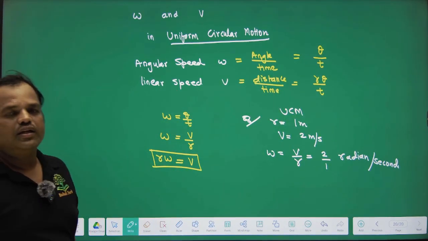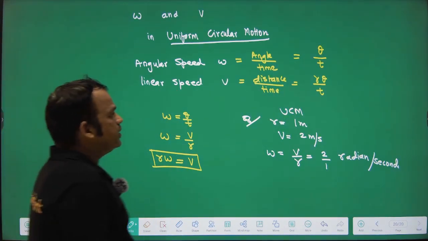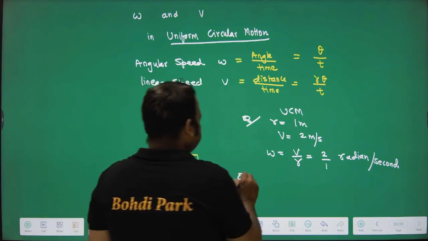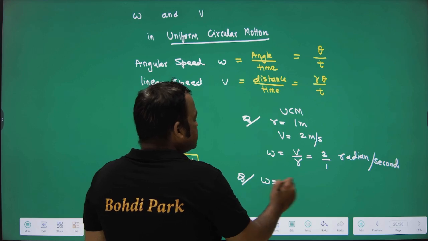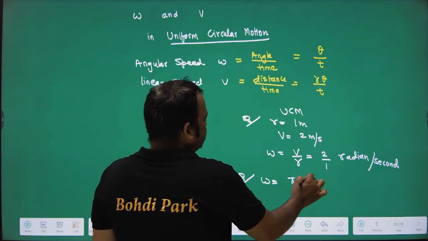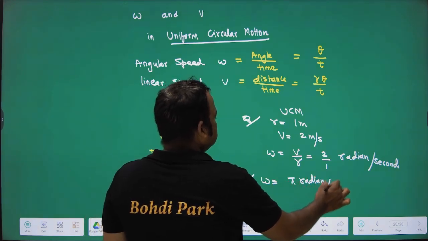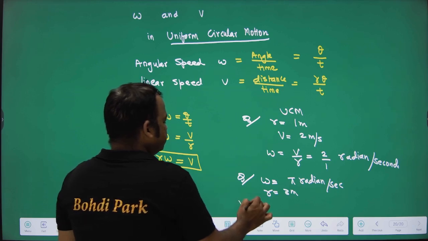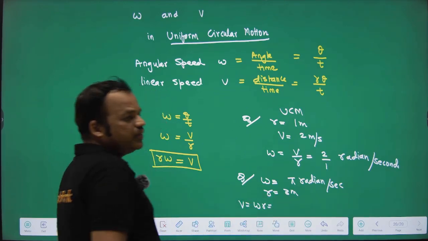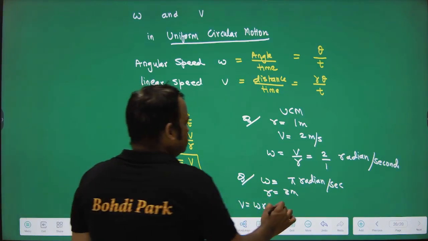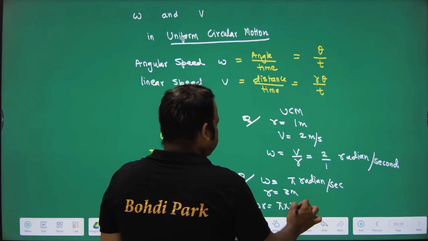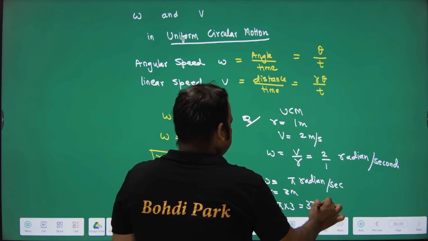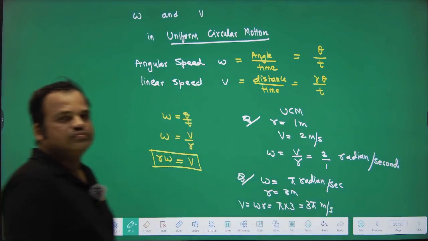The SI unit of angle is radian and time is second. If omega is given as pi radian per second, radius is given as 3 meter, then linear speed will be equal to r omega, so that is pi into 3, which is 3 pi meter per second.